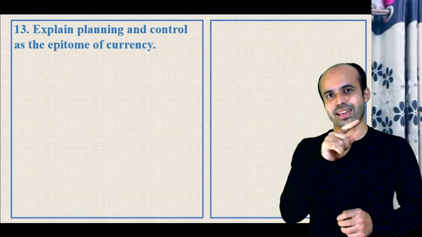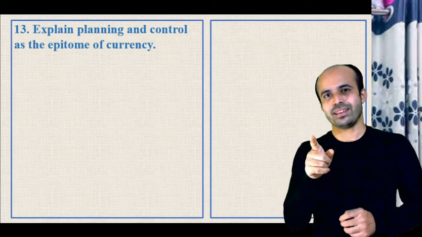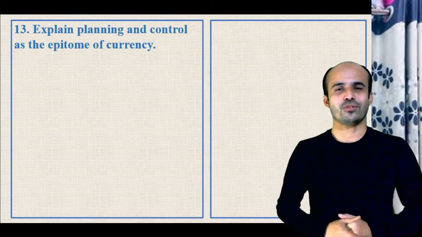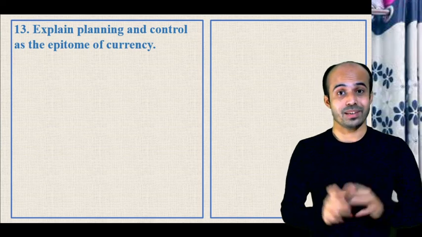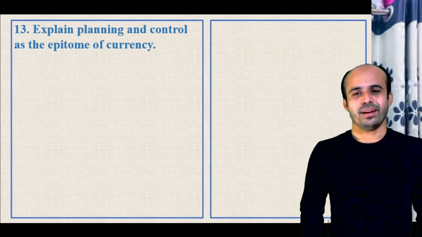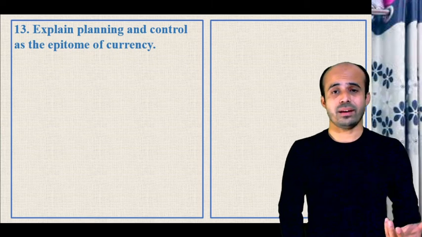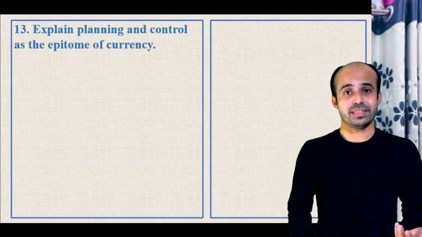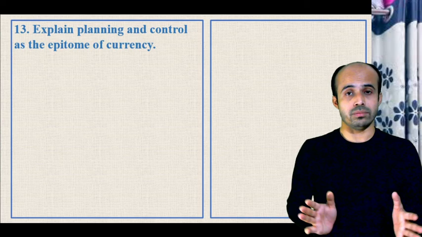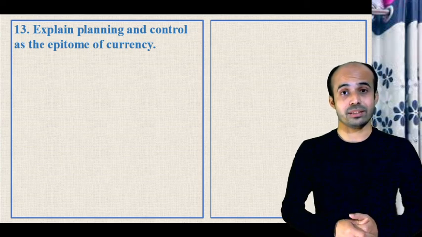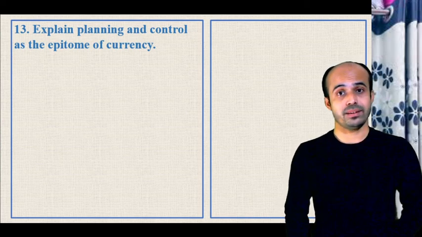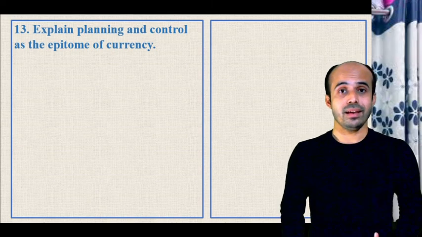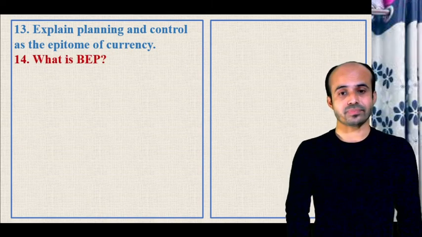It means that controlling, and the next work is planning. So planning and controlling are the epitome of currency. Also because they are interrelated. When the controlling activities take any corrective action, that will be the basis of the next plan. So that is why you can say this is the epitome of currency.